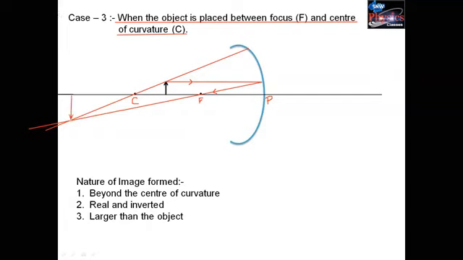So here we get the image. So let us see what is the nature of image we form here.